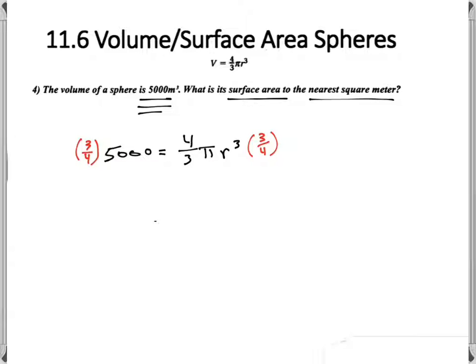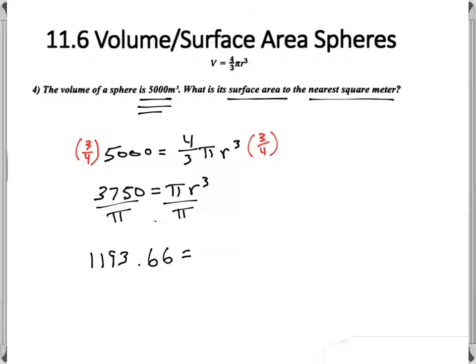So that means I'm going to get 3,750 equals pi times your radius cubed. Now I want to divide by pi, and in this case I will get 1,193.66. That equals my radius cubed.